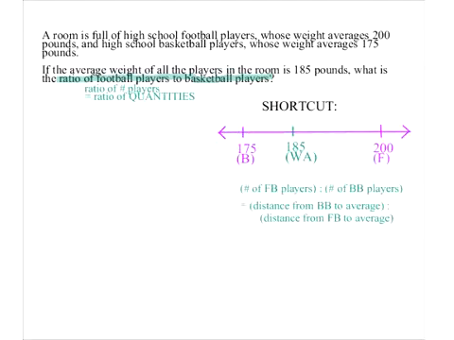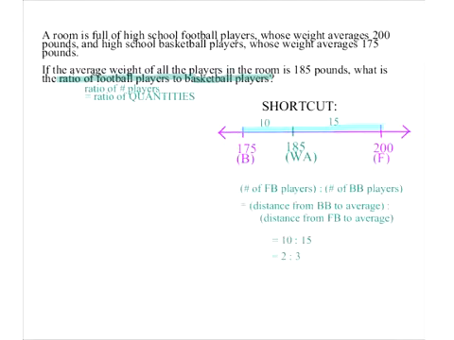They are 10 and 15 for basketball and for football. So 10, 15. So the number of football players to the number of basketball players is the basketball distance to the football distance. That's 10 to 15. So that's 2 to 3. And we're done.